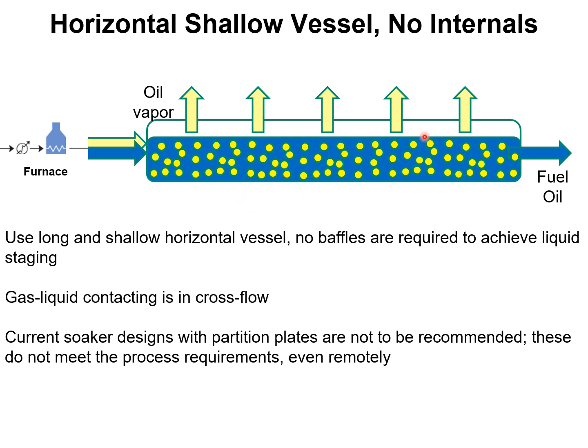For a shallow horizontal vessel, we will have a series of well-mixed stages, and each well-mixed stage corresponds to a section of the column in which the height of the dispersion is equal to the length of that stage.